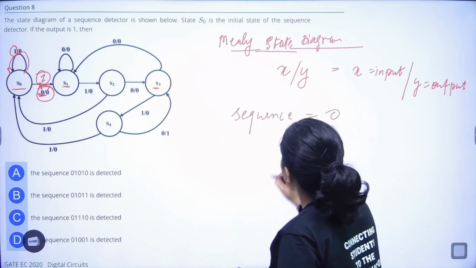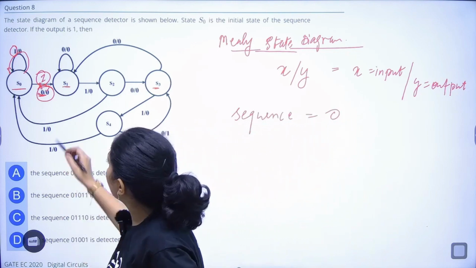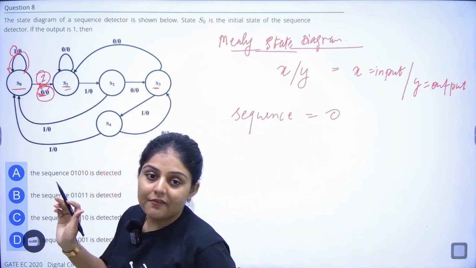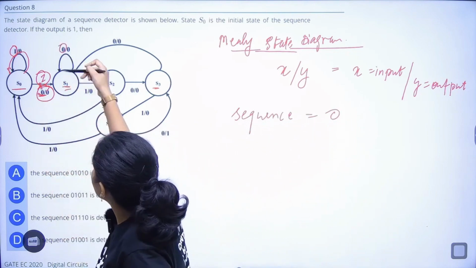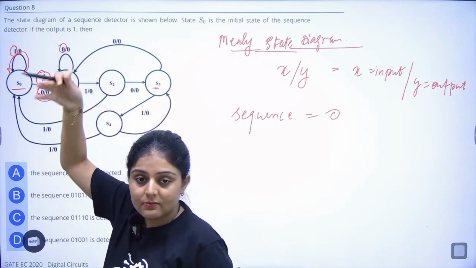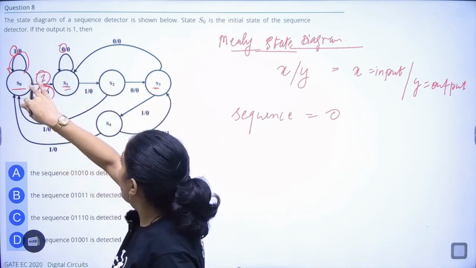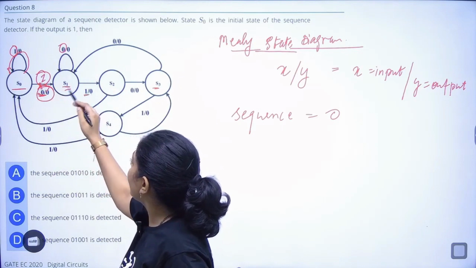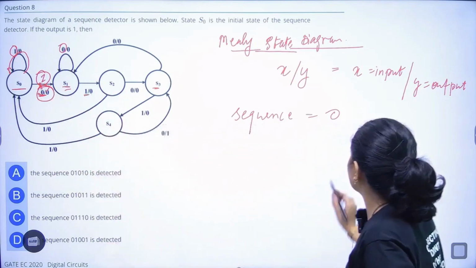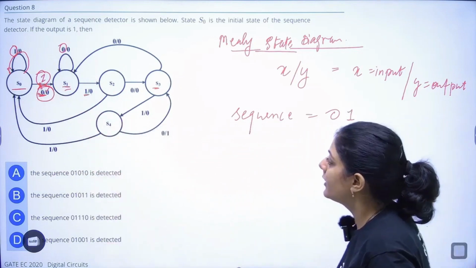The sequence will start from 0. Now here S1 is there. If we give input as 0, it will remain at S1 only. But if we give input as 1, it will move to the next state. So the next value will become 1.